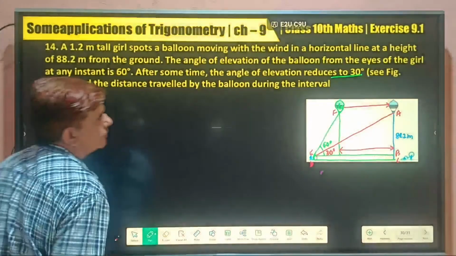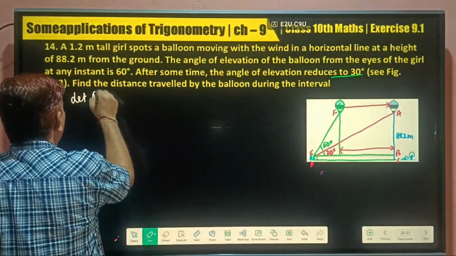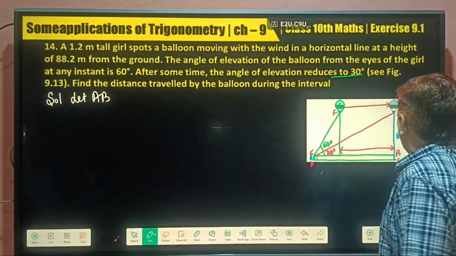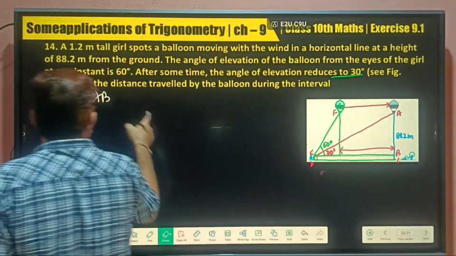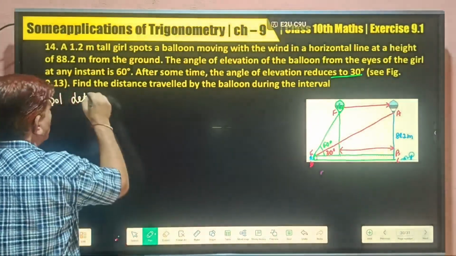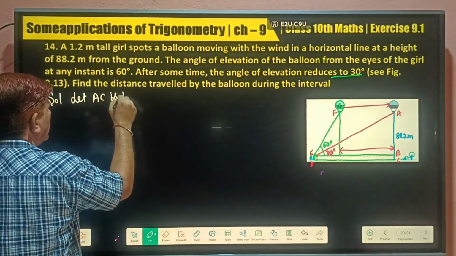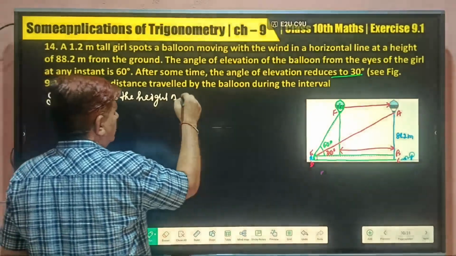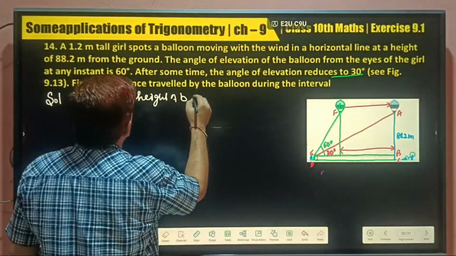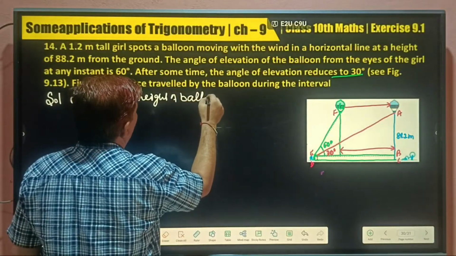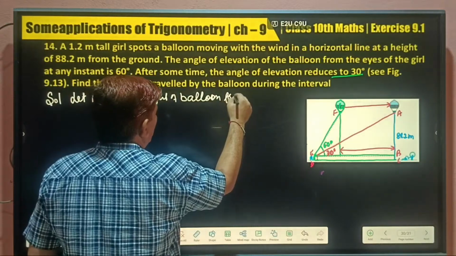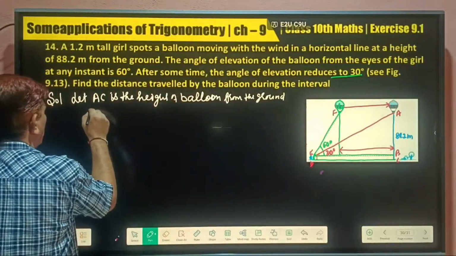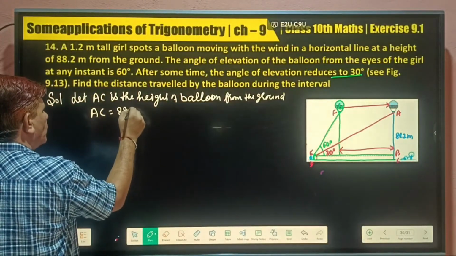Let AB, AC is the height of the balloon from the ground. AC is equal to 88.2 meters.